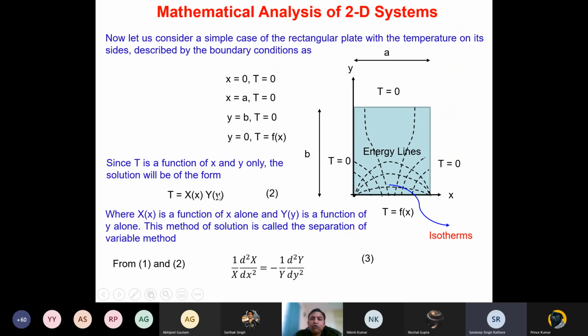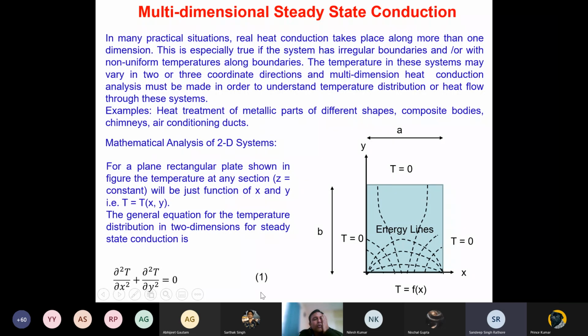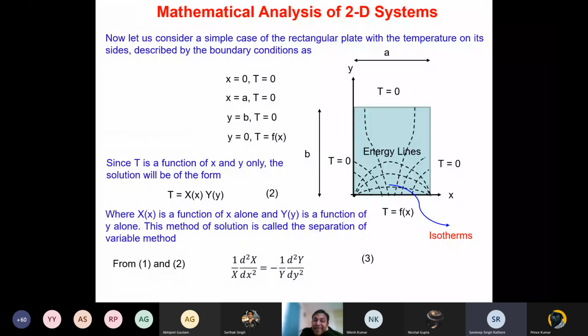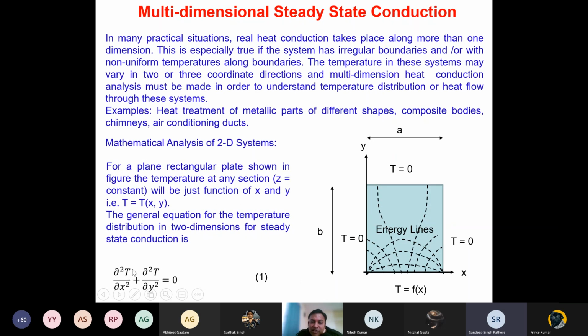Now, if we assume that X is a function of x alone and Y is a function of y alone, we can represent equation 1 in terms of x and y directly. So we will get 1 by X, d square X by dx square. Now we have omitted the partial differential equation, because T is represented in terms of x and in terms of y.